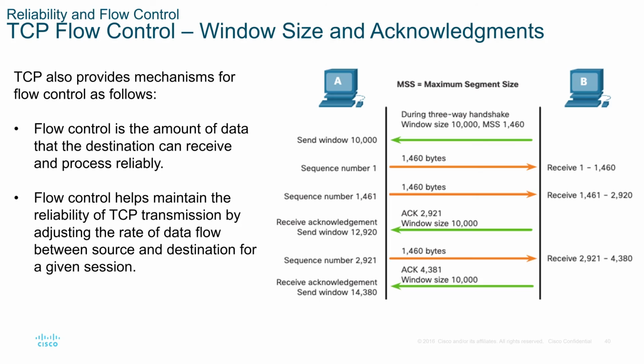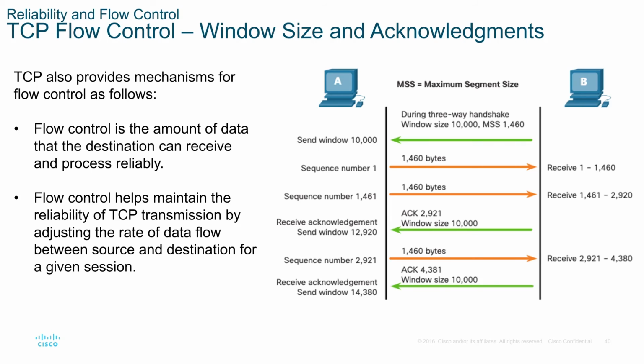As we can see here, we set a window size of 10,000. Once I stop with a sequence number of 1,460 bytes, or a window size of 1,460 bytes, we would send that as one group.